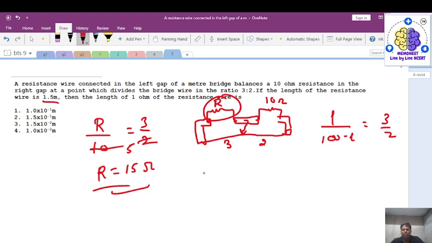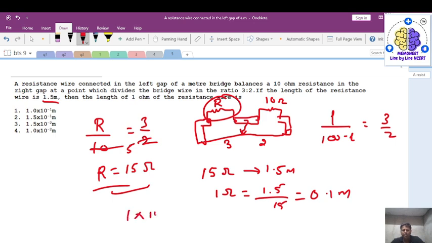So if 15 ohm is for 1.5 meter, then 1 ohm will be for 1.5 upon 15, which is equal to 0.1 meter. As per the options, we will write it as 1 into 10 to the power of minus 1 meter, right? So the correct answer will be option 1, that is 1.0 into 10 to the power of minus 1 meter.